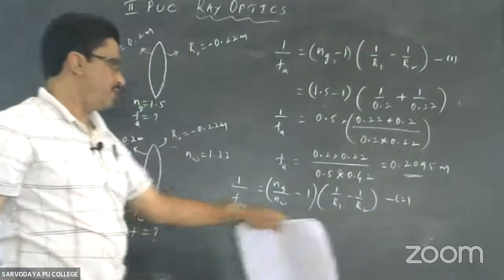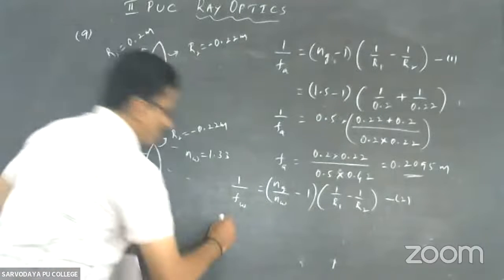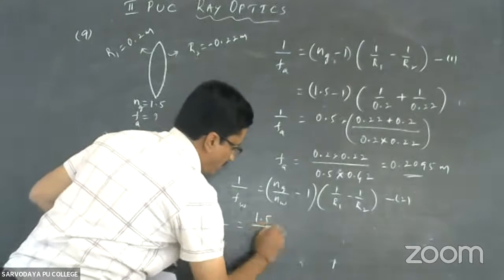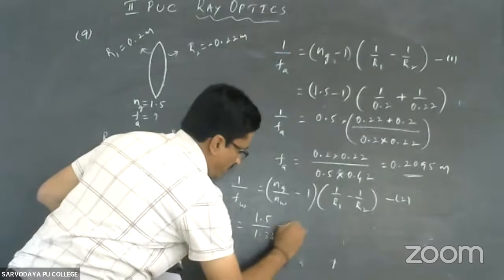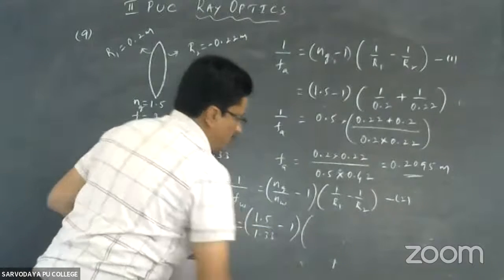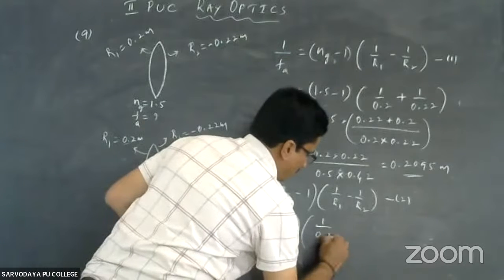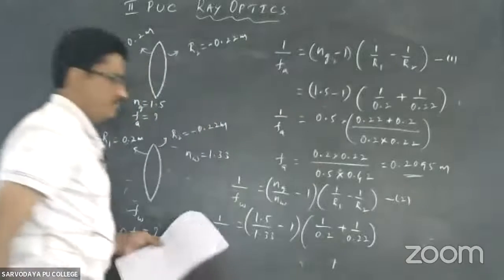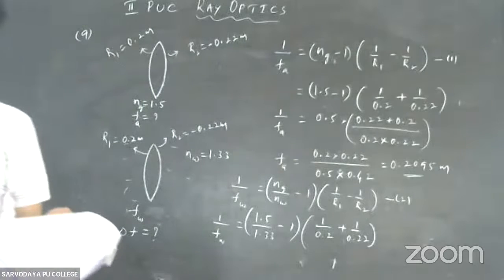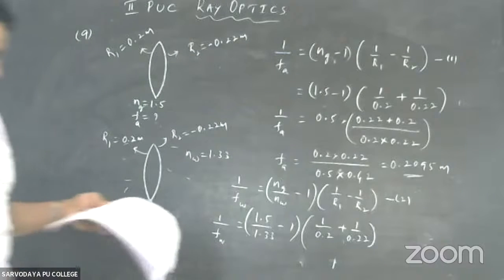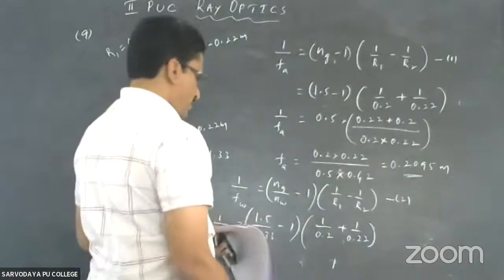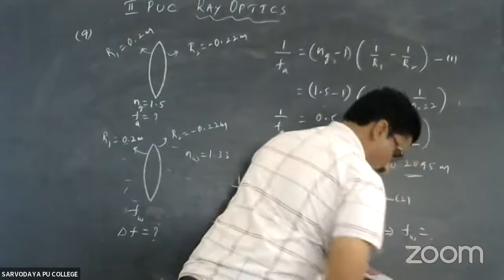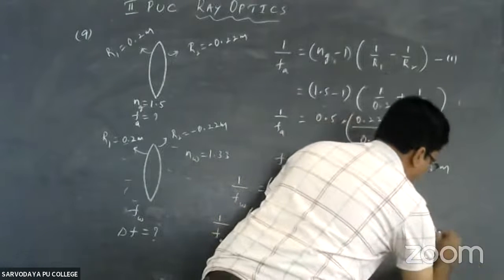Again you can substitute directly: 1 by FW is 1.5 by 1.33 minus 1, into 1 by 0.4 plus 1 by 4. I hope we can simplify this. And the simplified answer for FW is 0.845.